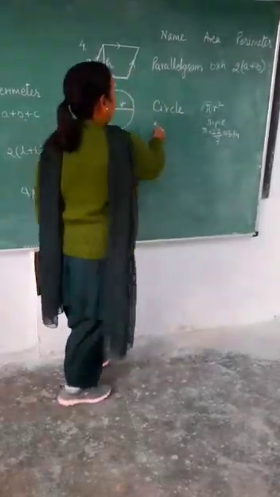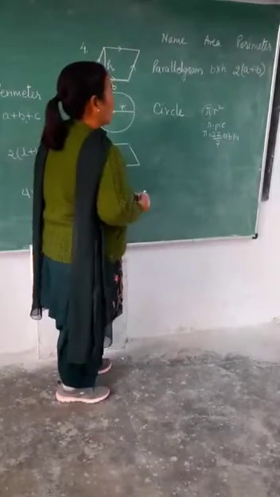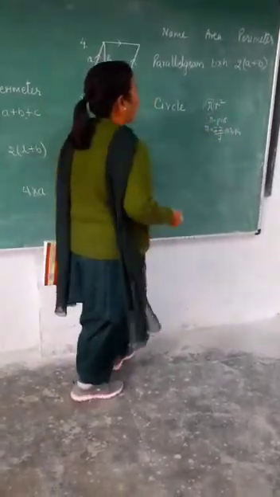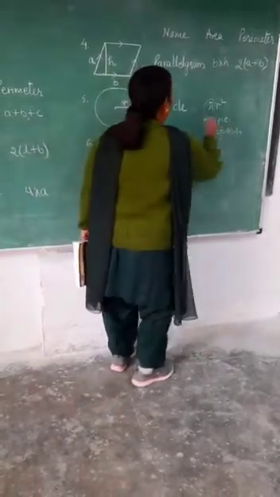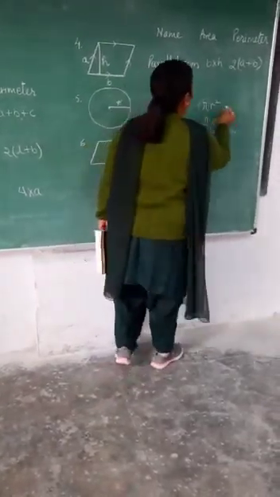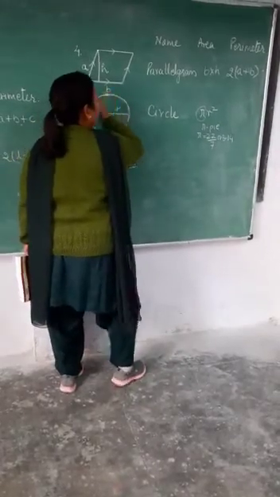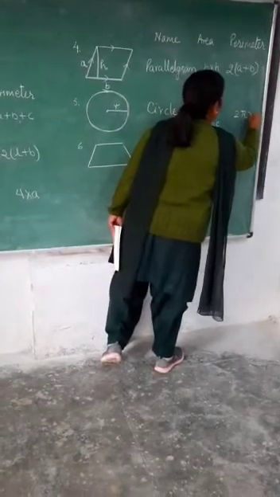So wherever you find the area of circle, in place of pi you can write 22 upon 7 or 3.14. And the perimeter means the length of the boundary of this circle, and this is equal to 2 pi r.